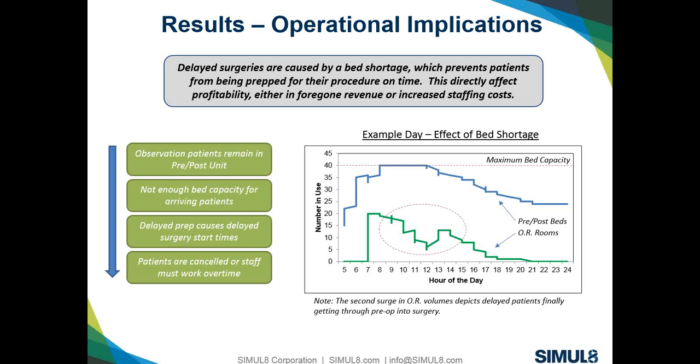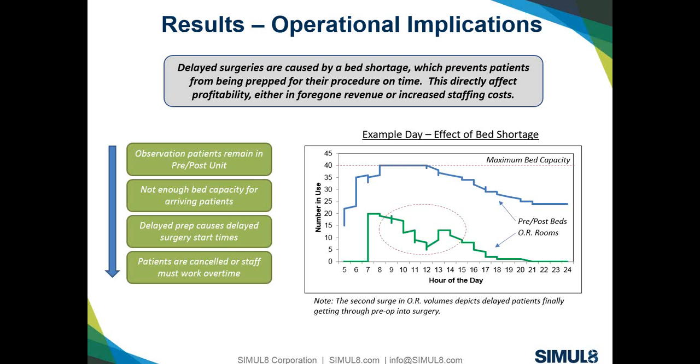And so what you see going on in this chart, the blue line is the number of beds in use over the course of this particular day, and the green line is the number of OR rooms in use over the course of the day. And so what you can see is my blue line rises, right, early in the morning as I have all of my patients arriving for the 7 and 8 a.m. starts.